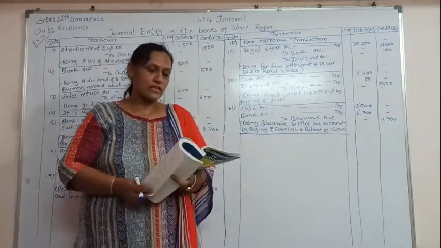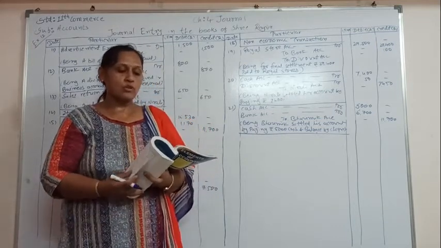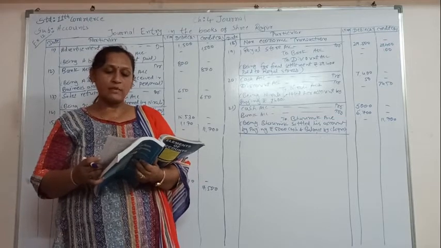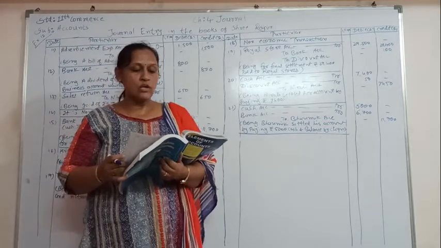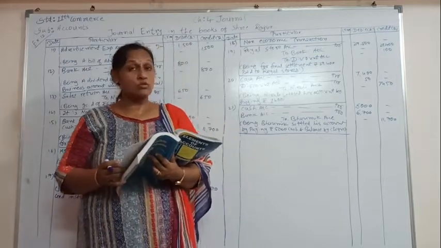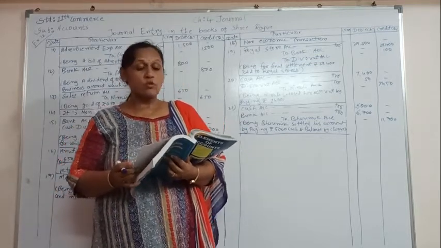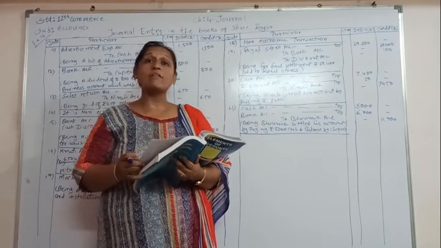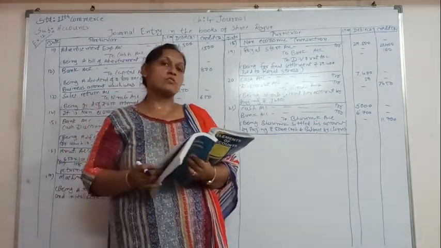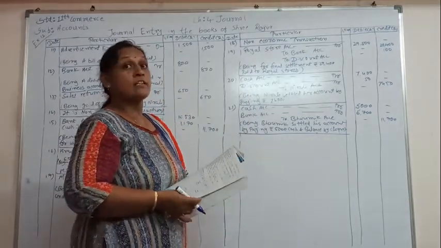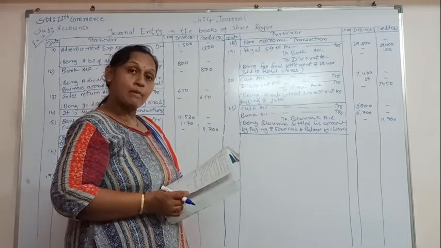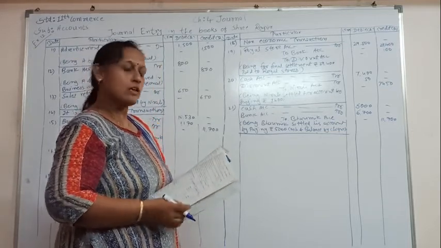It is of 22. Goods of rupees 4,000 destroyed by fire and insurance company admitted claim of rupees 3,000 and 200 realized from the sale of destroyed goods. So here the goods of rupees 4,000 destroyed. So purchase account is going to be credit by 4,000 and from that insurance company will pay 3,000. So insurance company account debit 3,000, cash account debit 200 and the balancing amount we are going to take to the loss account.